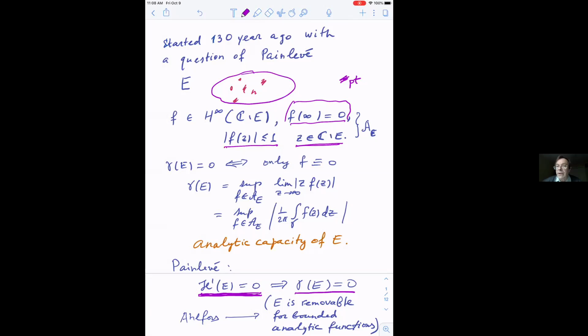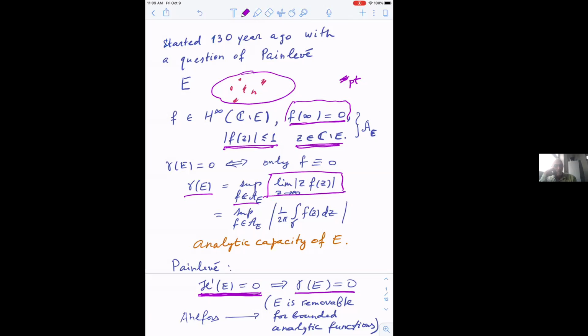So gamma of E is the quantitative version of what I said. Gamma of E is 0 means that there is only one function which is bounded analytic and 0 at infinity. Well, what does it mean gamma of E is 1? So here is the definition of gamma of E. You take all possible functions of modulus less than 1, analytic in C minus E, 0 at infinity, and compute the derivative at infinity.